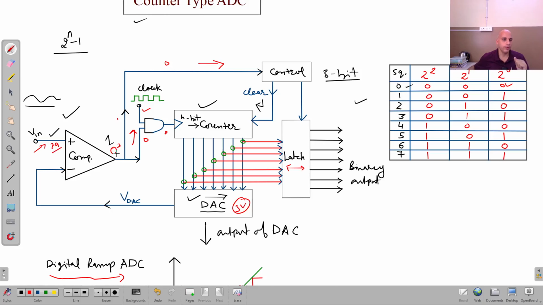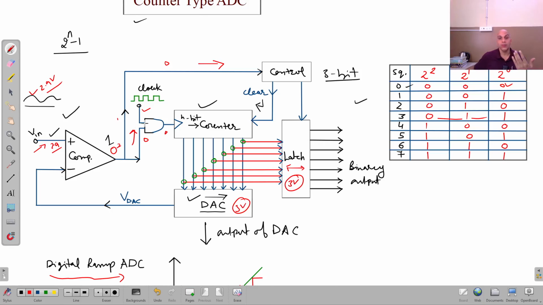This will generate 0, 0 will go there, the counter will stop, and the latch will hold 3 volt. So that will be the digital output corresponding to that 2.9 volt input. That information, 3, will be held in this latch, and that will be the corresponding output for the given analog input.